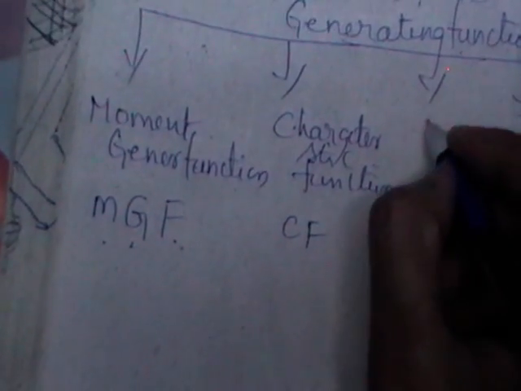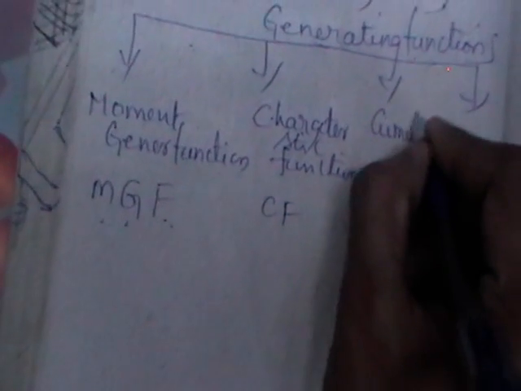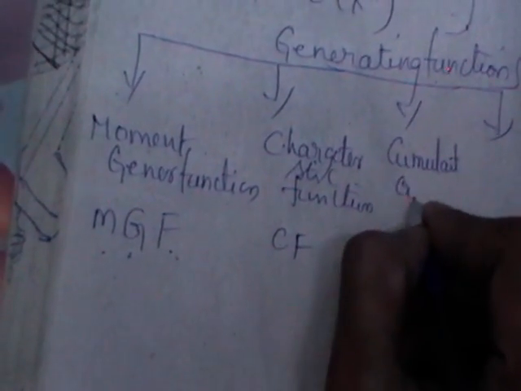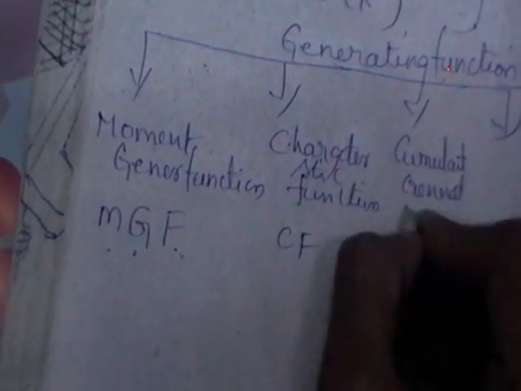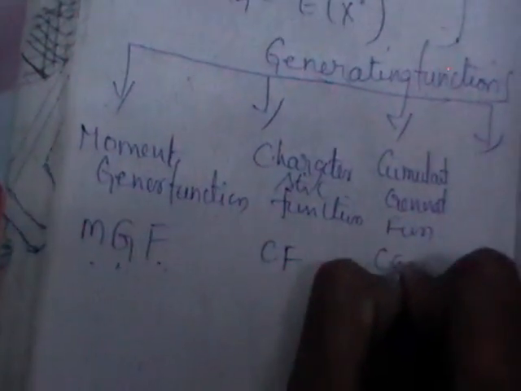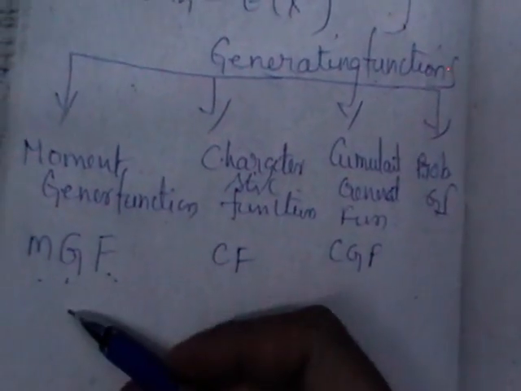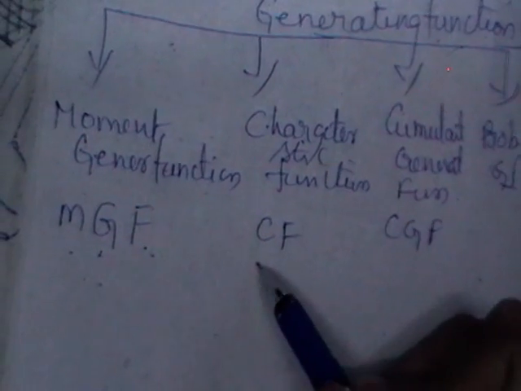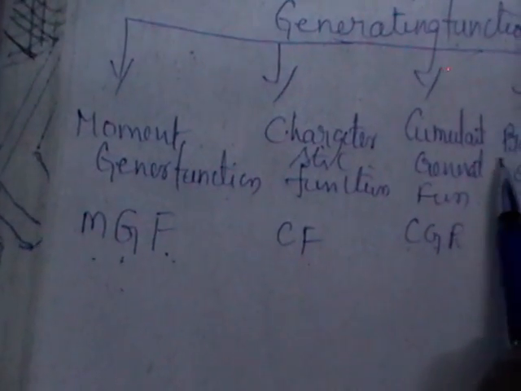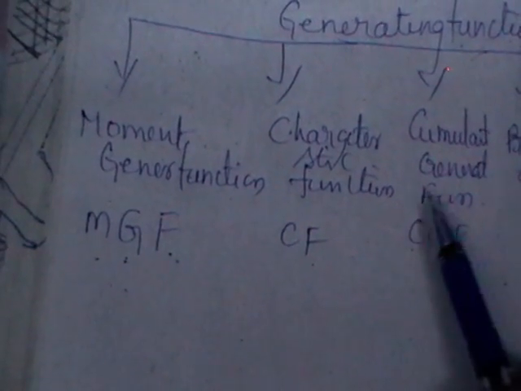Next one is nothing but cumulant generating function, CGF. Next one is nothing but probability generating function. So MGF, moment generating function; CF, characteristic function; CGF, cumulant generating function; PGF, probability generating function.